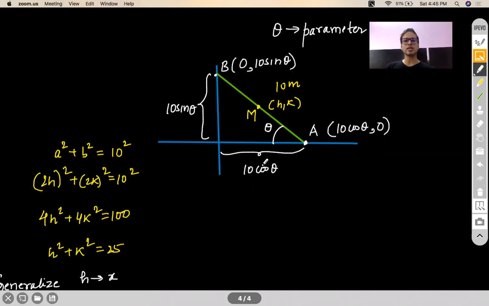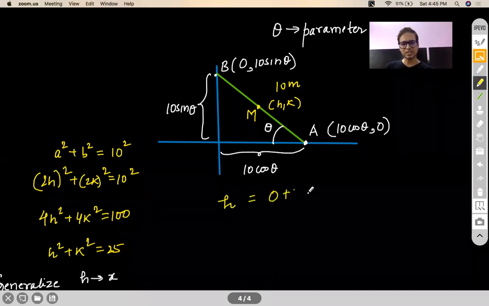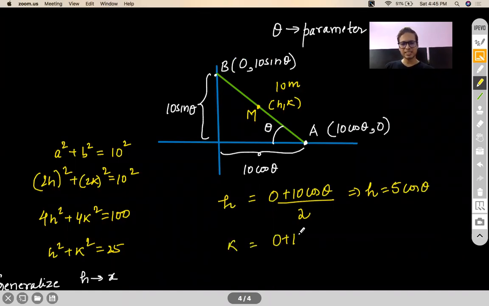Correct. So can I say h will be (0 + 10 cos theta)/2? That means h is equal to 5 cos theta. Similarly, k will be (0 + 10 sin theta)/2, that means k would be 5 sin theta.